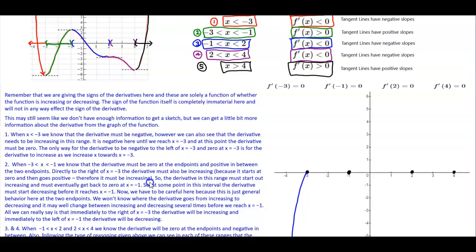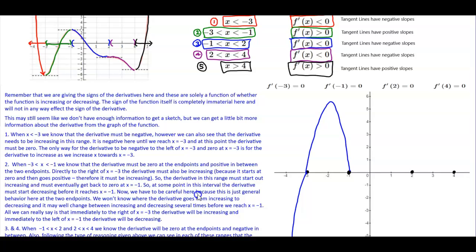So the derivative in this range must start out increasing and must eventually get back to 0 at x equals -1. So we have a rough sketch of it increasing and then going back to 0 at -1. At some point in this interval, the derivative must start decreasing before it reaches x equals -1. So we're going to go up and then decrease.